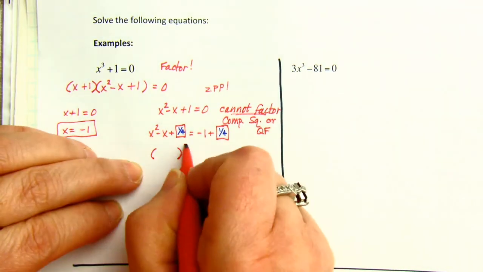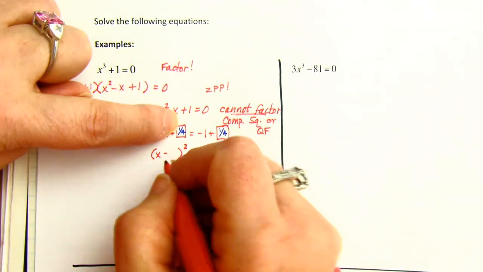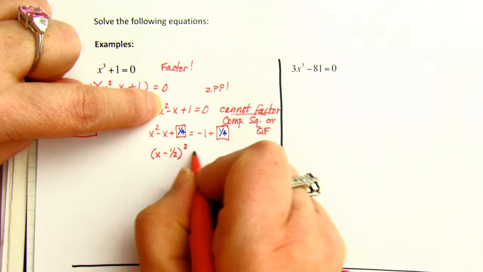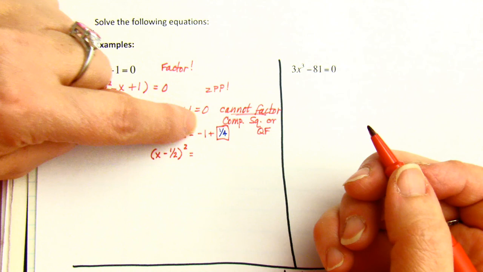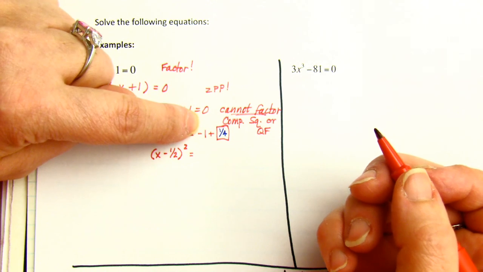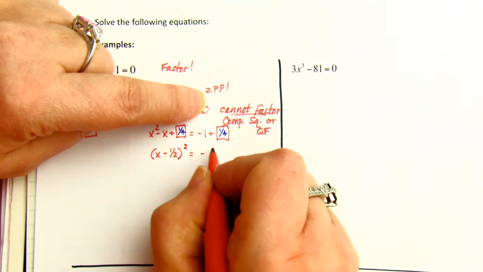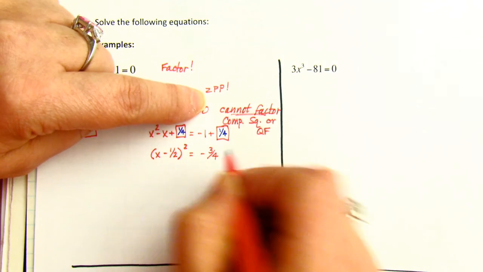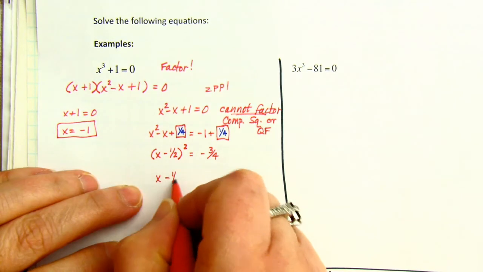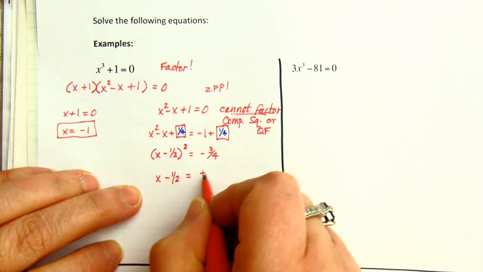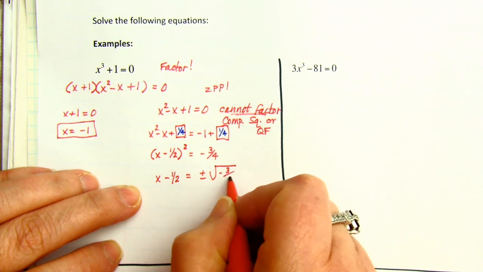I got a single binomial squared, x minus, right, square root of a quarter is a half, equals, this is negative 1 plus a quarter. Well, negative 1 is really negative 4/4. Plus a quarter is negative 3/4. Take the square root of both sides, x minus a half, equals, plus or minus, square root of negative 3/4.